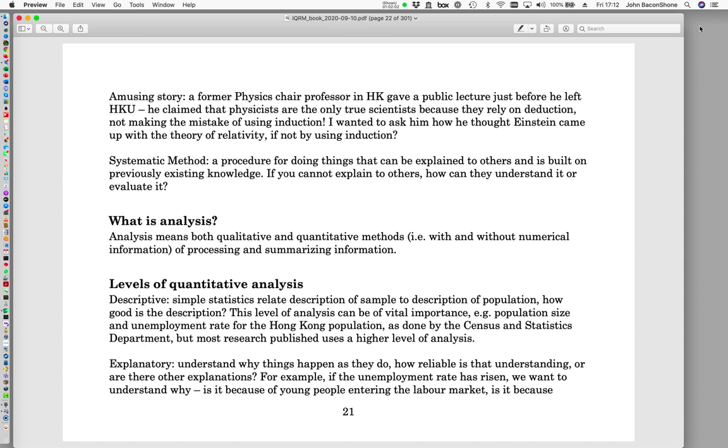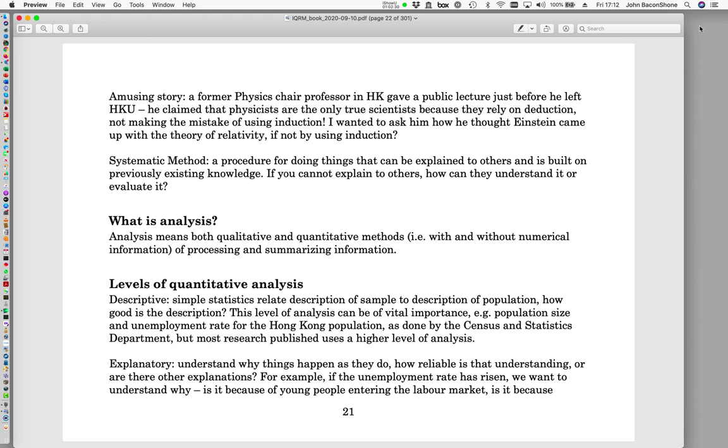So let's talk about the next level of analysis in my hierarchy, and this is what I call explanatory analysis. Explanatory analysis means we want to try and understand why things happen as they do. We want to try and understand how reliable is that understanding. And we also then, of course, want to know whether there might be other possible explanations.